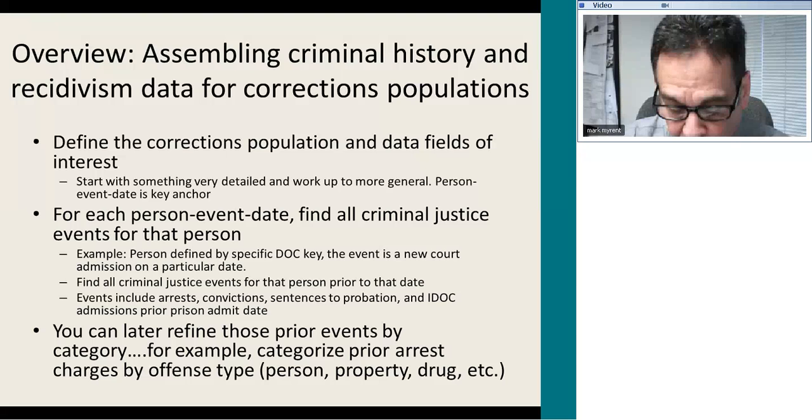The non-letter characters are removed, the hyphens and the apostrophes. Now, if the same last name, first name, and date of birth is in place, we're going to pretty much treat these as matches, even if the IDOC number differs.